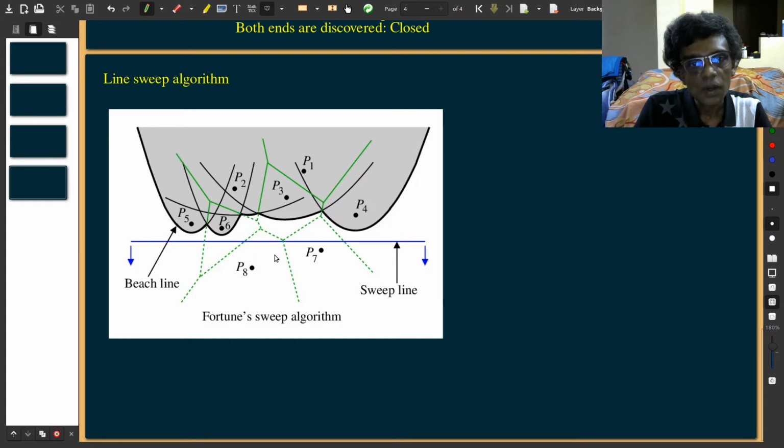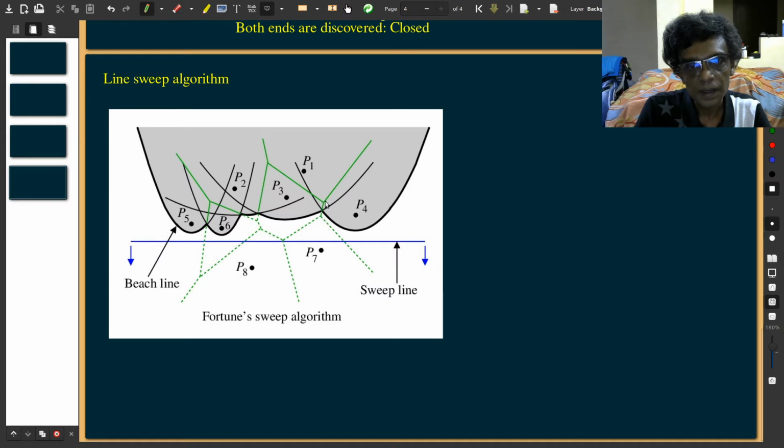But there is a portion of the Voronoi diagram which cannot be affected by the sites that are not yet seen. This part, the shaded part, is called the ocean or sea. The part of the Voronoi diagram inside the ocean is already finalized.